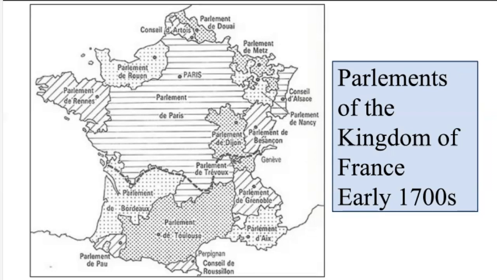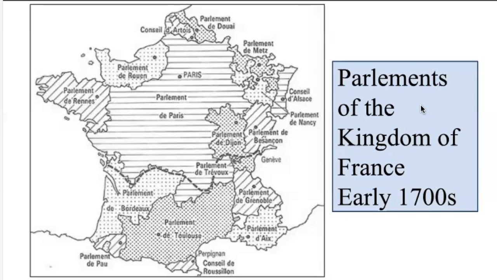The word Parliament, that you may know from the current government of England or Great Britain, is derived from the French parlement here, but they were not the same thing. In France, these were not legislative bodies, meaning making laws, but judicial organizations. In theory, these worked a little like the US Supreme Court.